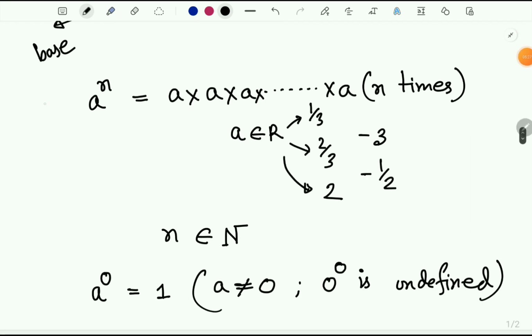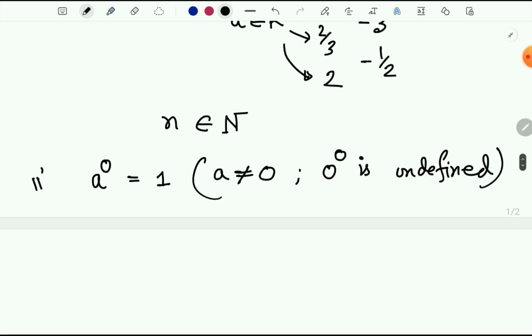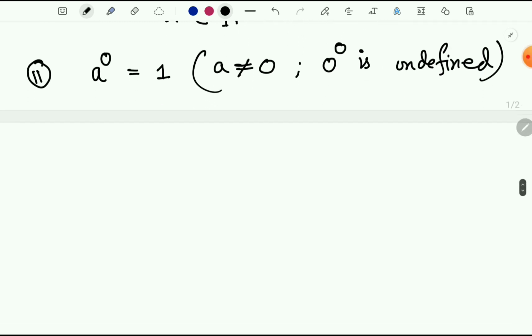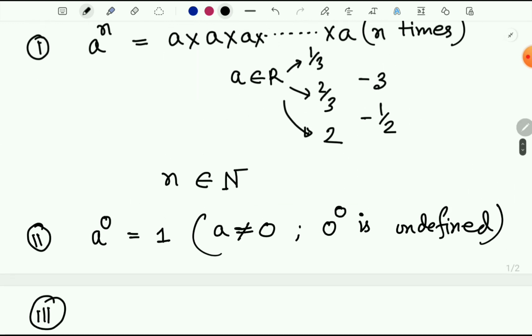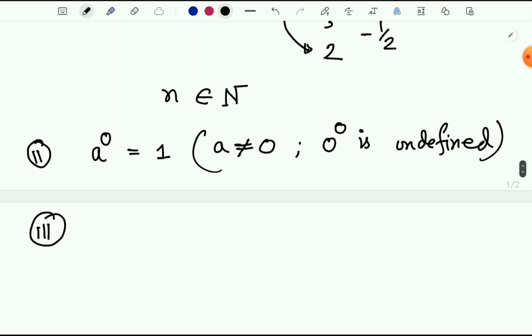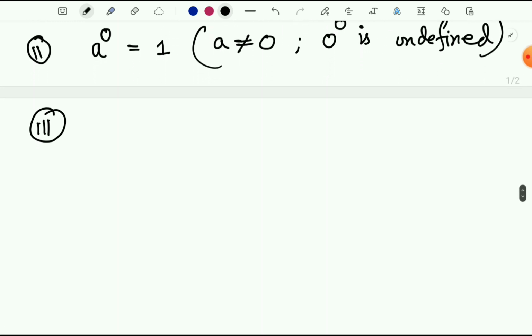So this is our formula number 1, and this is formula number 2. Now let's discuss formula number 3. This is another special case, when n doesn't belong to the natural numbers but is a negative number. In that case, a power negative n equals 1 by a power n.